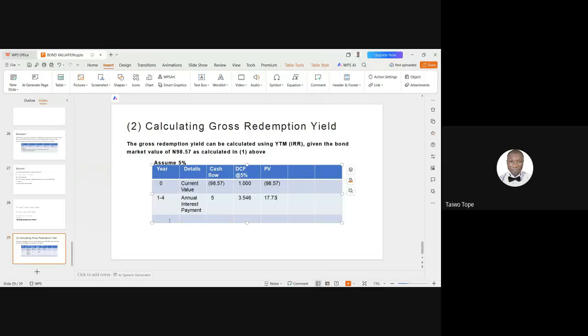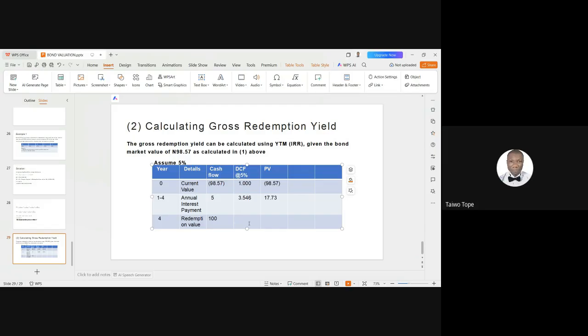As at the 4th year also, you have your redemption value. Your redemption value is at the face value, is at par, and the value is 100. So for this 4th year, you apply your formula just solely for year 4, and that will be 1 plus r to the power of minus n.